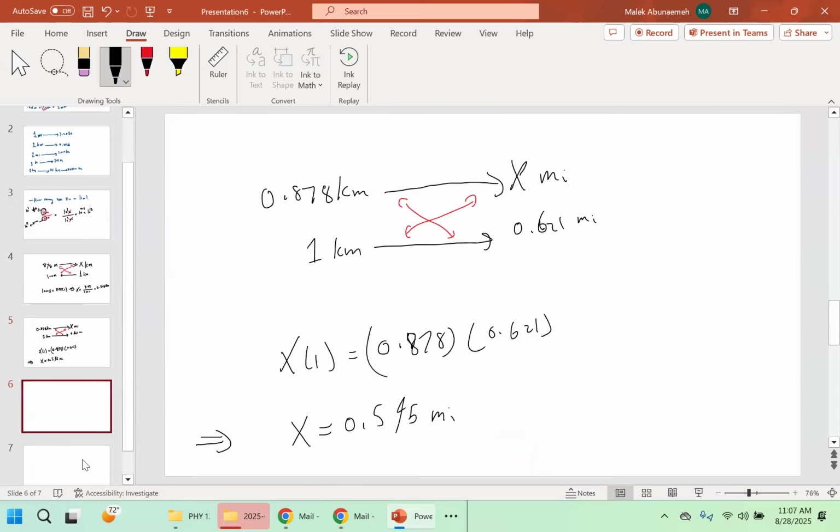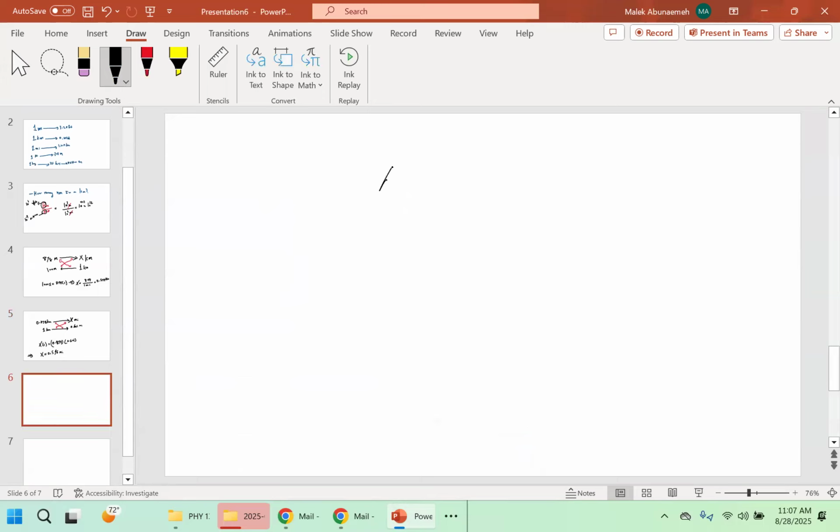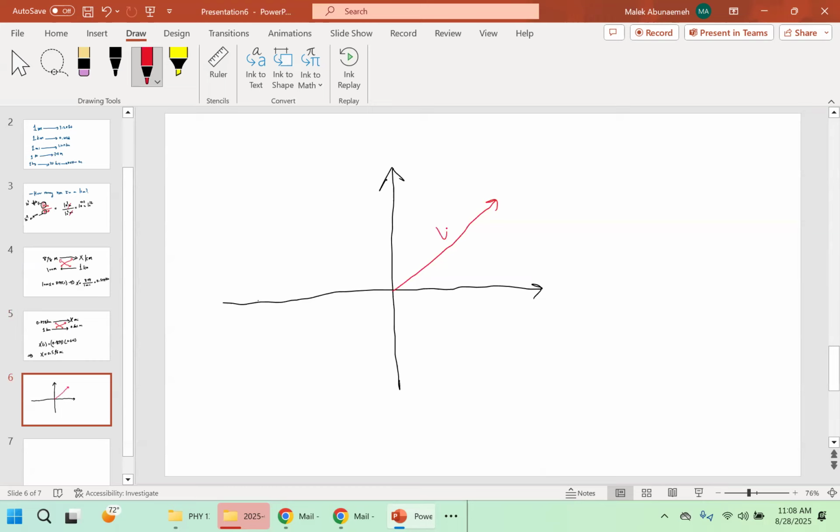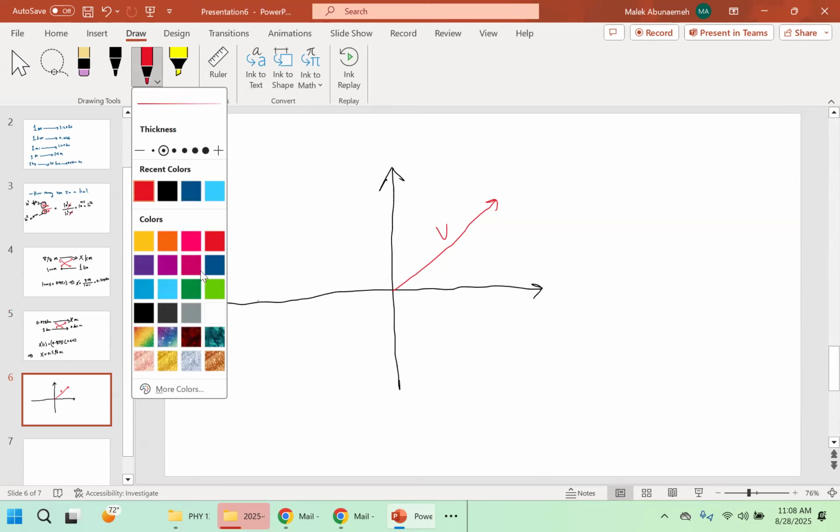Now, one more thing before we end this chapter, let me go ahead and explain this. So let's say you have a coordinate system. Let me just draw a better one. In this coordinate system, let's say you have a vector. This vector is v, and it is going to be the resultant of 2 things.